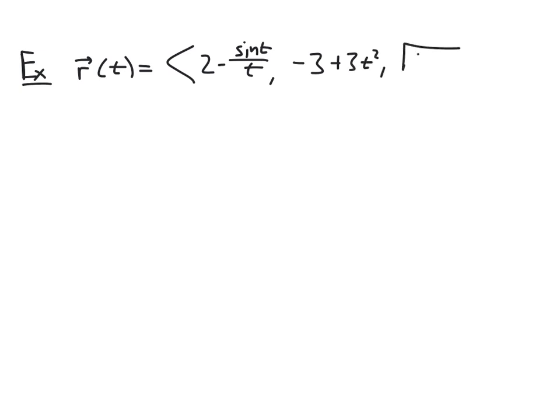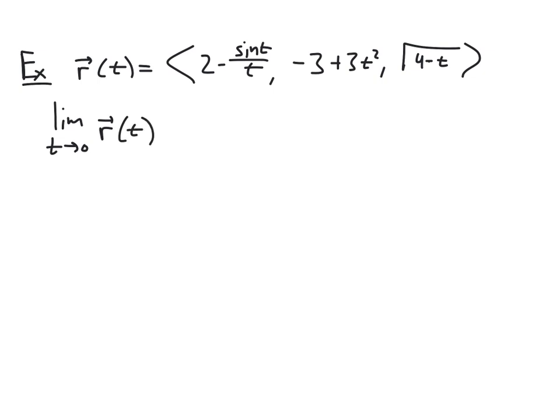For example, let's say we had the vector function r of t given by components 2 minus sine t over t, negative 3 plus 3t squared, and the square root of 4 minus t. We want to compute the limit as t approaches 0 of this function.